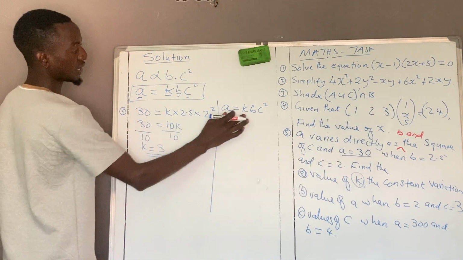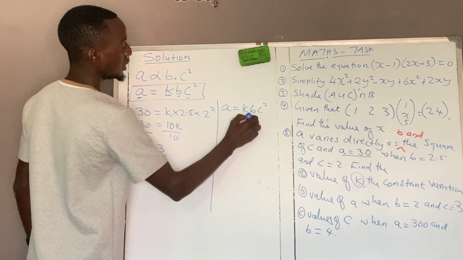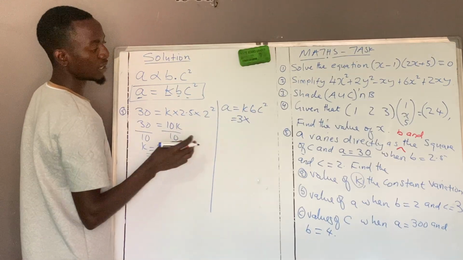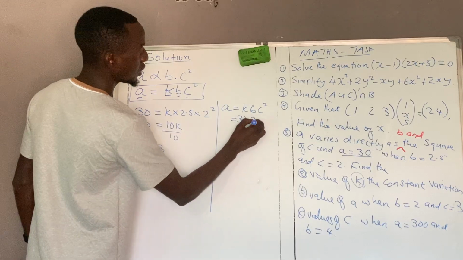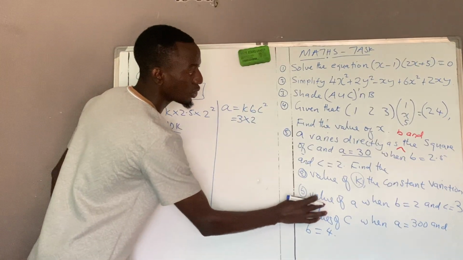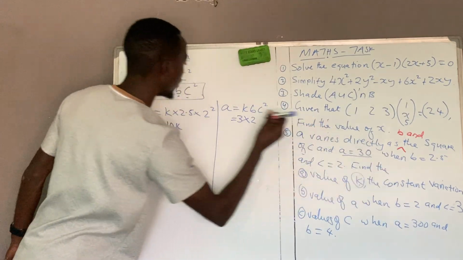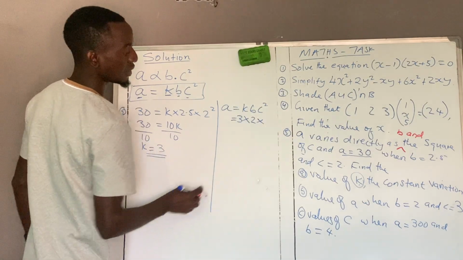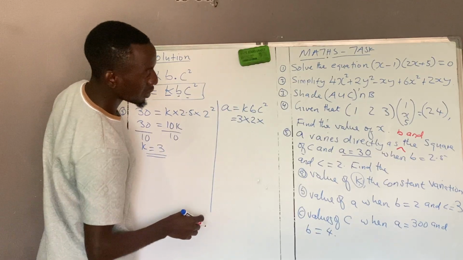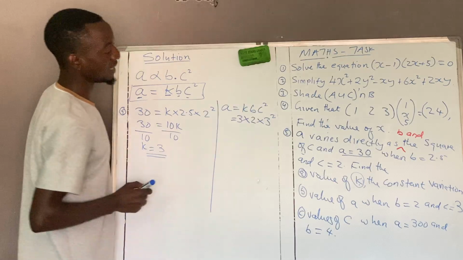So where there's K, just put 3. So we have 3 times our B, they're saying is what? 2. 2.5 is the earlier one, so don't use that one. We are here now, so our B is 2. Then times our C, 3. So we have 3 squared.